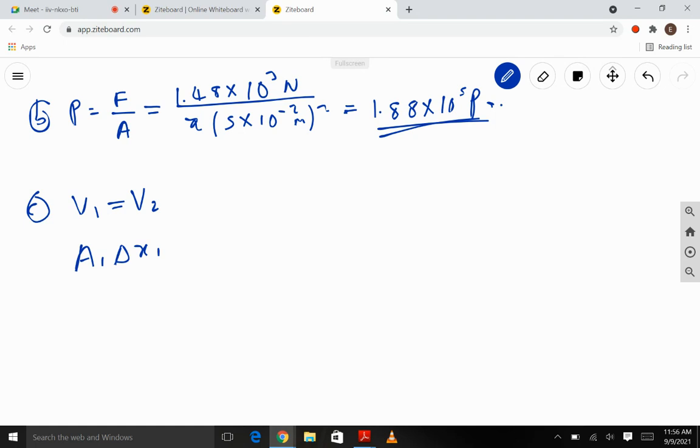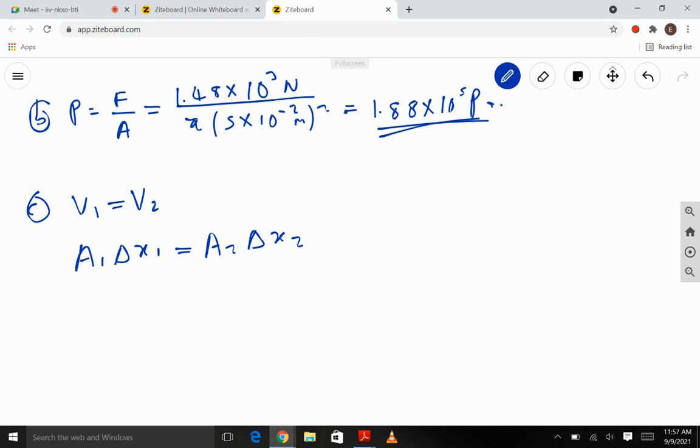But for now, we're just going to say times that distance, the changing distance. Then for V2, it's the same thing: area times distance. Don't we say volume is equal to area times height? So that height is just a distance, right? So that's about it.